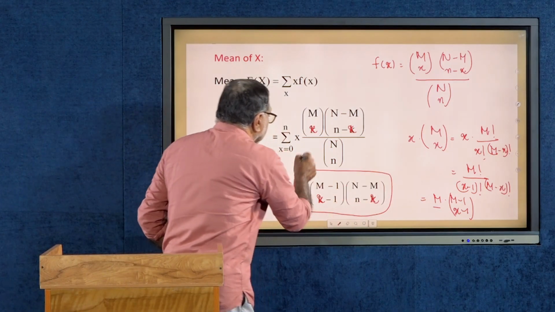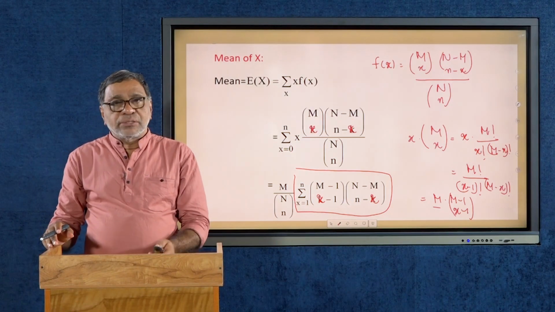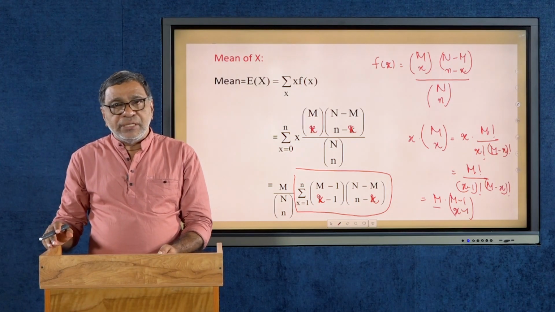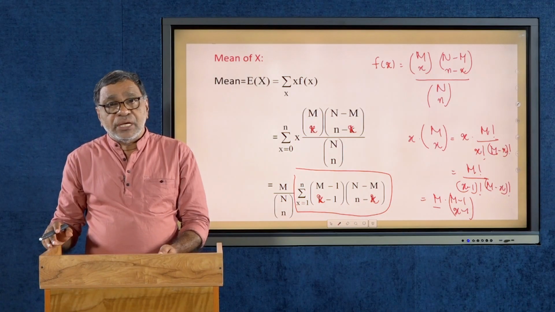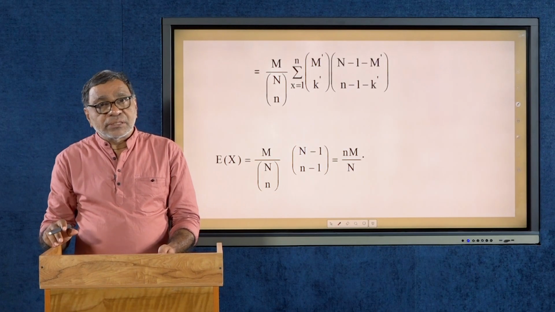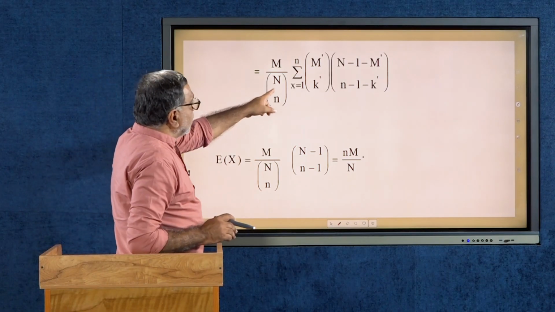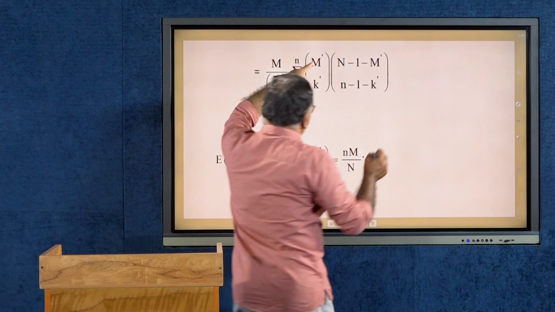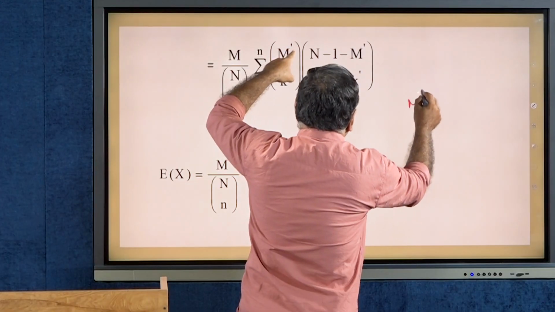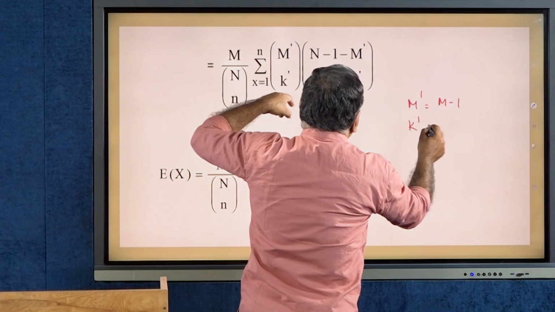See, this is the sum over x equal to 1 to n of (m minus 1)C(x minus 1) times (N minus m)C(n minus x), multiplied by m divided by NCn. You can write k' as k minus 1, as in the previous example.